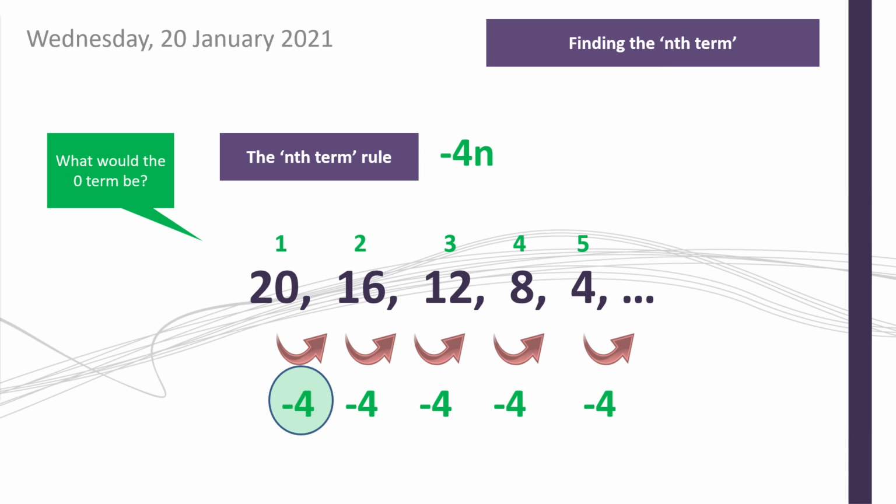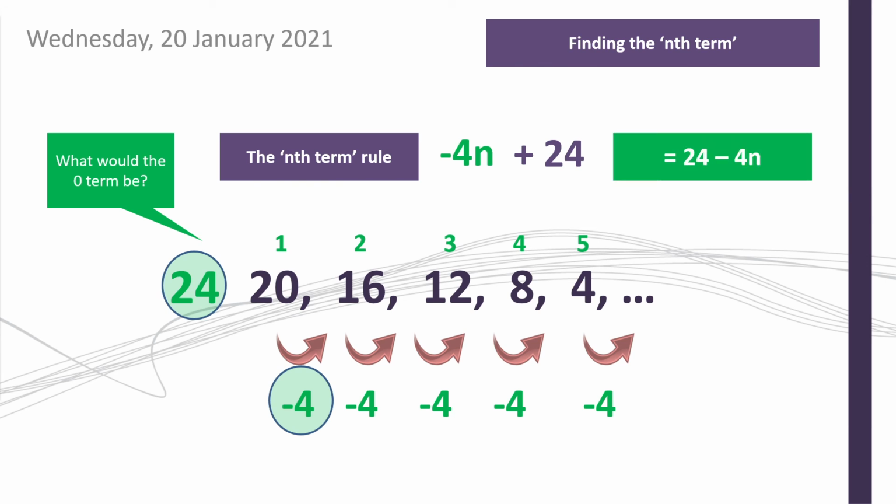Therefore, we have to add 4 to the first term. 20 plus 4 equals 24. So the nth term rule for this sequence is minus 4n plus 24, or 24 minus 4n.